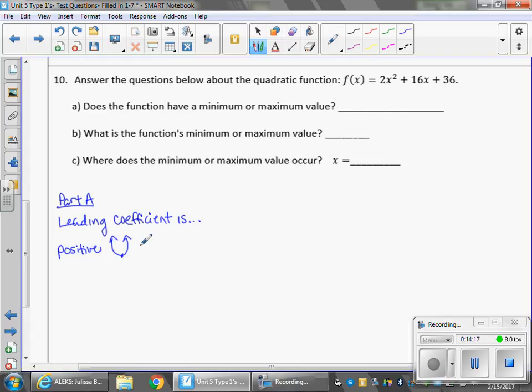So that means that the vertex is a minimum. If it's negative, it opens down, vertex is a maximum.